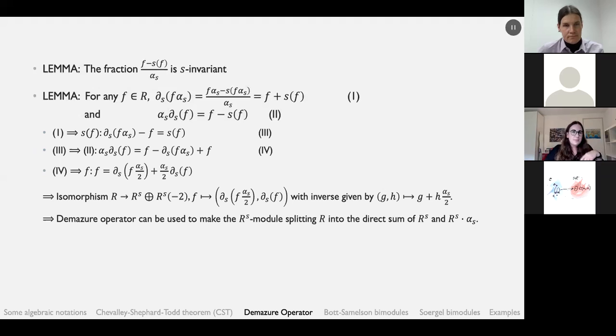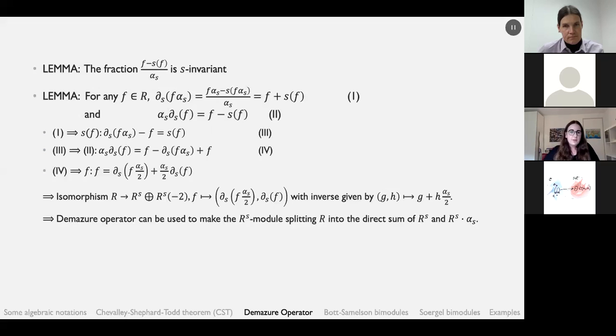We can express this explicitly by the isomorphism that goes from R to the direct sum of R^s and R^s with a shifting grading of -2. This isomorphism is defined to send f to the pairing (∂_s(f) α_s divided by 2, ∂_s(f)).